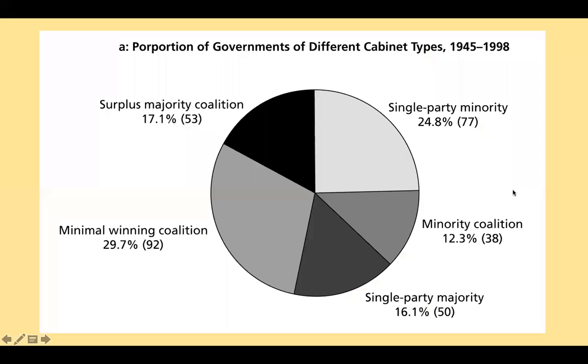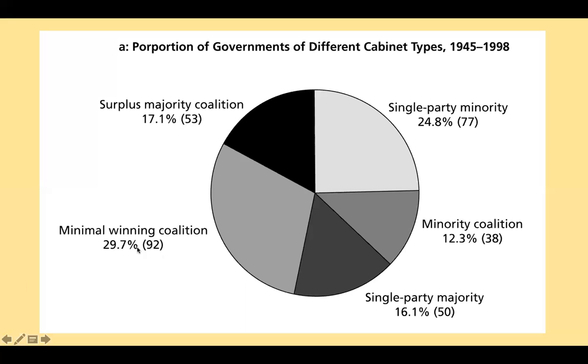So in terms of parliamentary systems, you can think about a variety of different types. And this figure is giving us the proportion of governments of different cabinet types between 1945 and 1990. And as you can see, the single largest proportion is the minimal winning coalition. That is the coalition that just barely crosses the threshold and doesn't obtain a single vote beyond what it needs to ensure legislative approval.